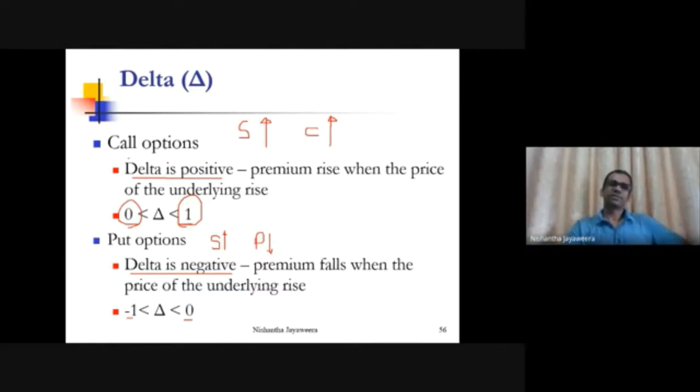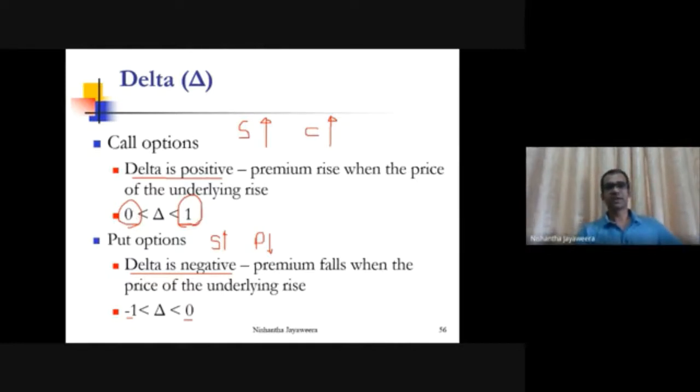When the call option is deep out of the money, that means far away from the strike, a spot price increase of $1 or 1 rupee, whatever the unit, will not have any impact on the premium because there's still no intrinsic value. Only the time value matters. So it is very insensitive to spot price changes. Therefore delta is 0.